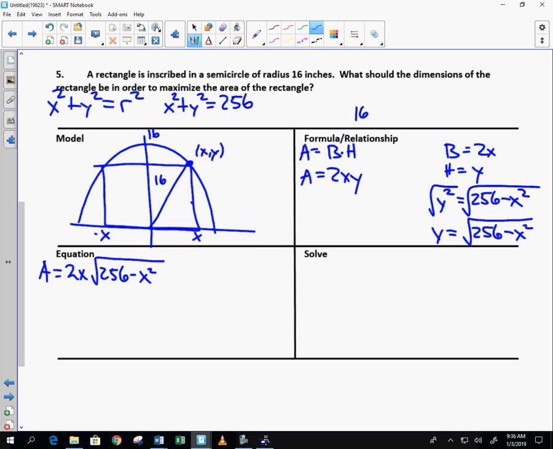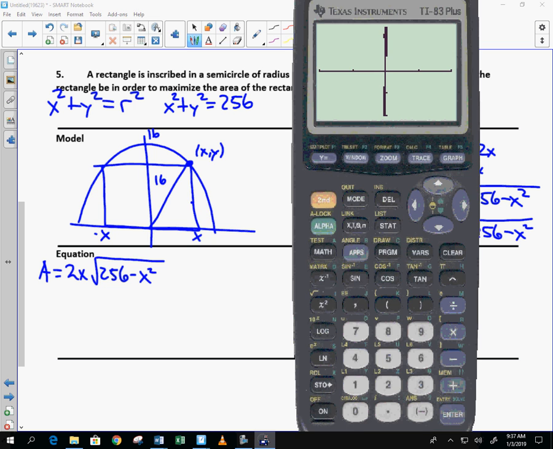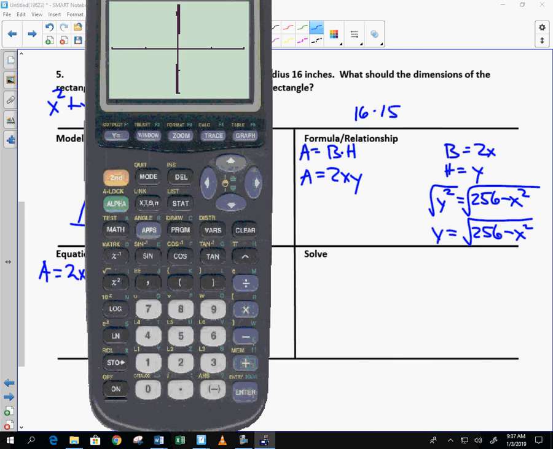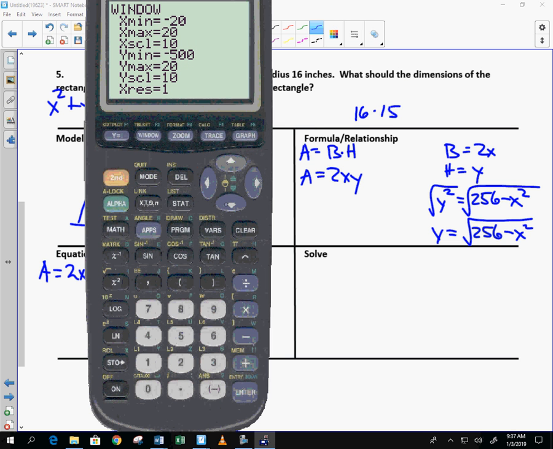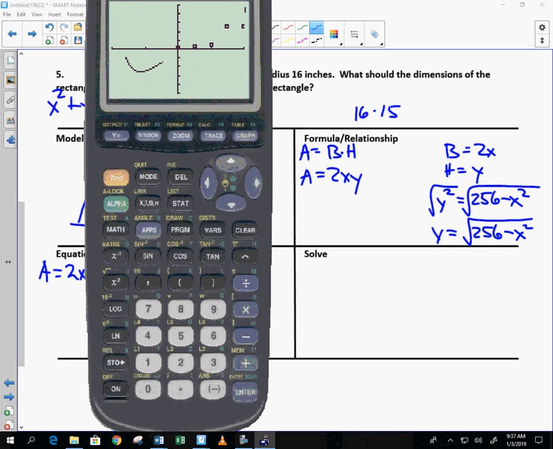Maybe about 15. So if you took 16 times 15, what do you get? So maybe instead of our y values being negative 20 to positive 20, we should make it more like, say, 500. Let's see if the graph works now.